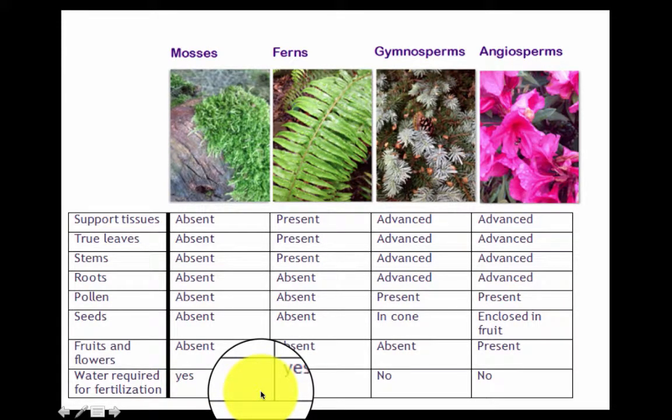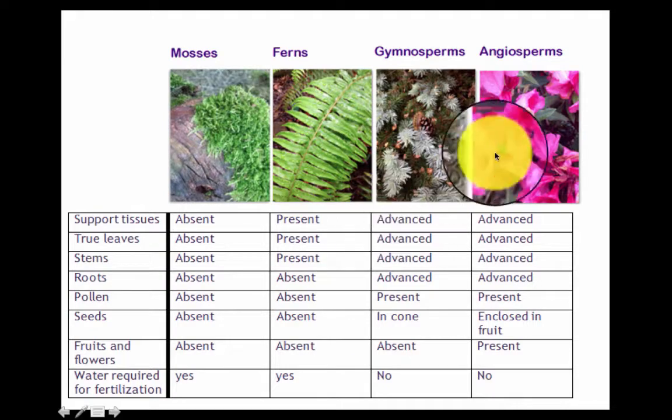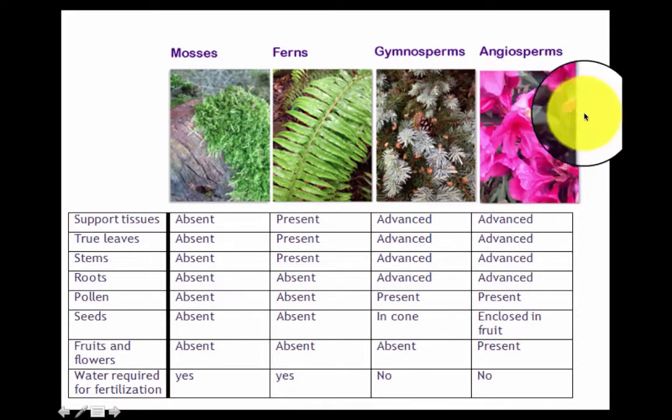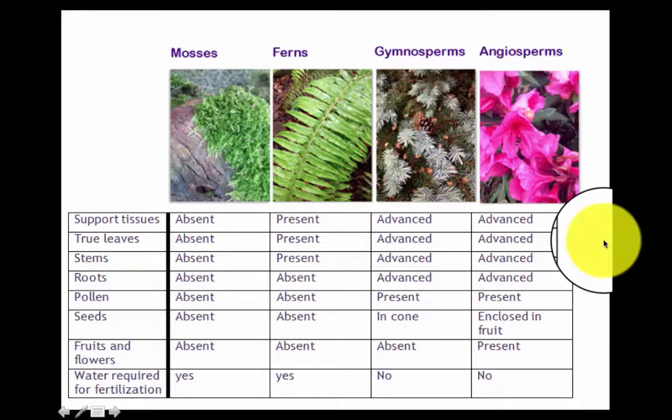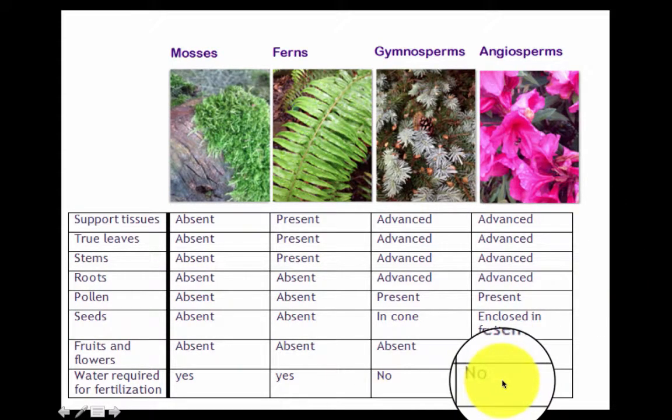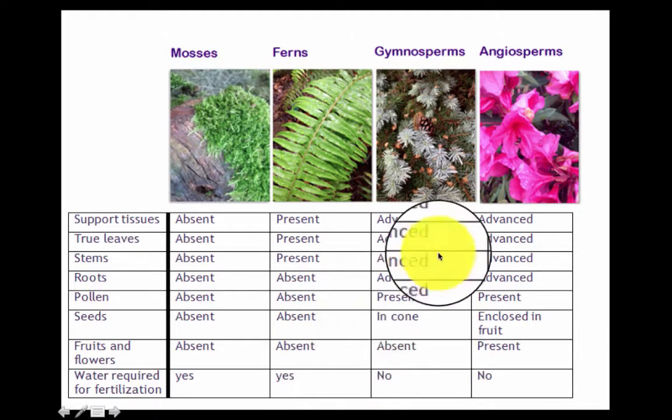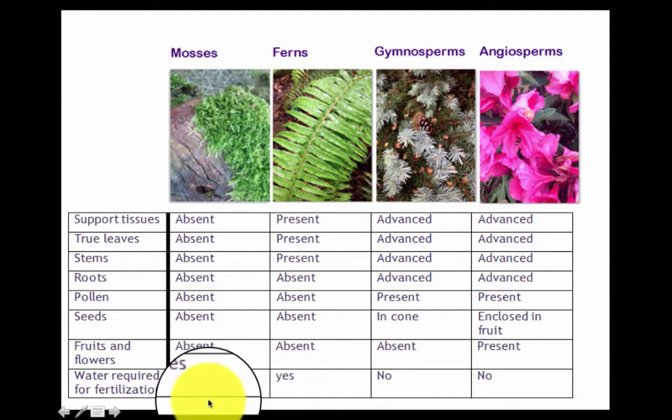So when they're reproducing, they kind of need that water surface. And I'll tell you later how these plants, angiosperms and gymnosperms, they don't need water anymore in that case.